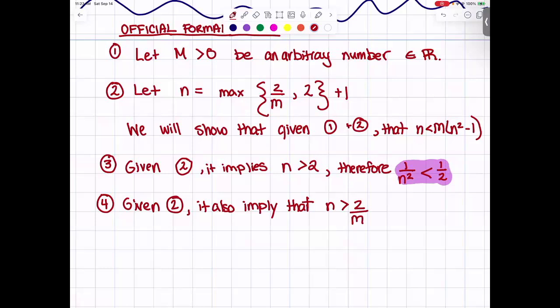And so if we do some rearranging here, we can say m over 2 n is greater than 1. So all I did was multiply both sides by m, divide both sides by 2, and we ended up getting this nifty value right over here.